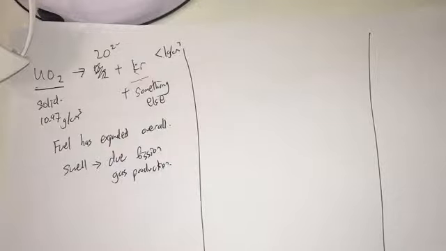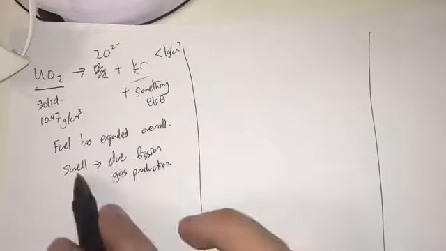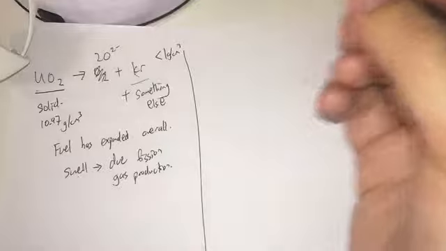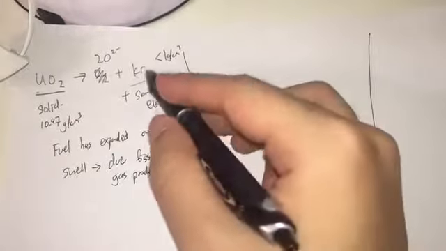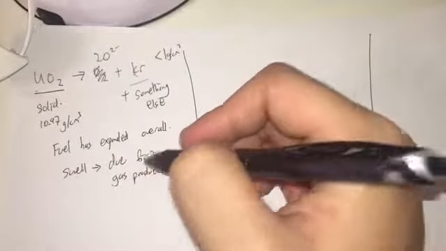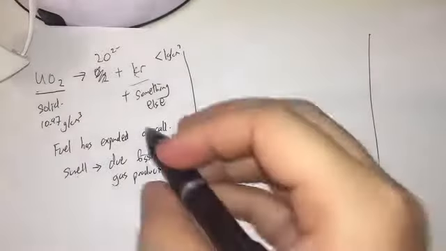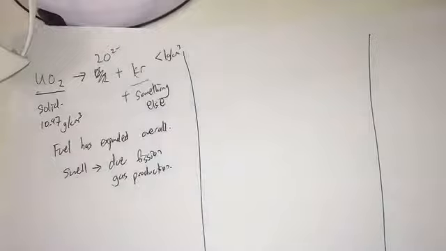The overall effect is that the fuel or the metal swells. Now that is due to Frenkel pair creation. This swelling is different because there are fission products being made and they are in gas form. That's why the fuel swells. So this gas is trapped in the fuel, and that causes the fuel to become more porous and expand.